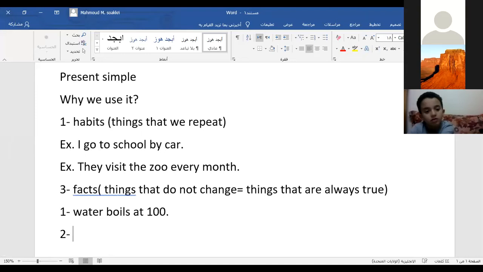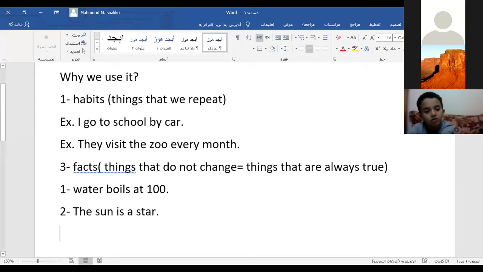Another example, the sun is hot, or the sun is a star. This is a fact, it doesn't change.